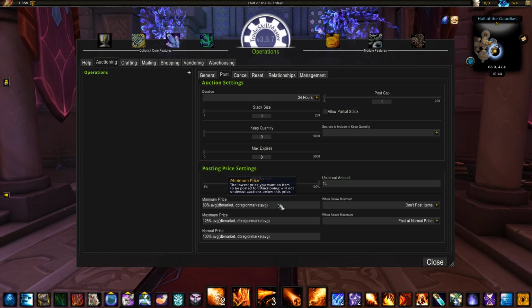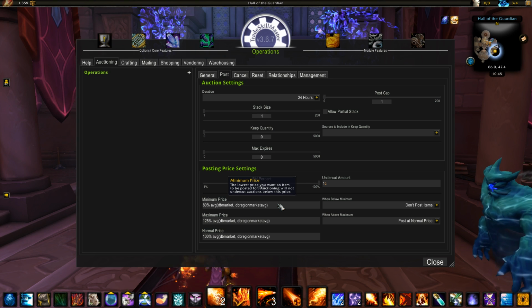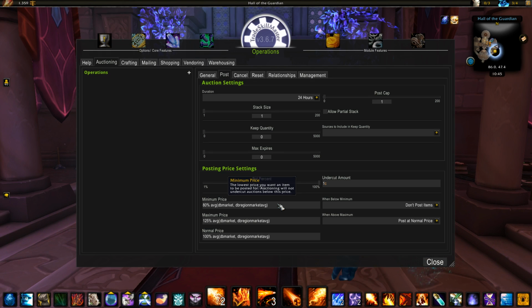So if you find that DB region market average is a good number to use in your price source for whatever items are in the group, then you can just use it and average it in this sort of way. But I know a lot of people are going to find DB region market average might be quite a bit higher than your DB market, than your specific server. If you're on a very highly populated server, you're going to find DB market prices are going to be more aggressive on your server.